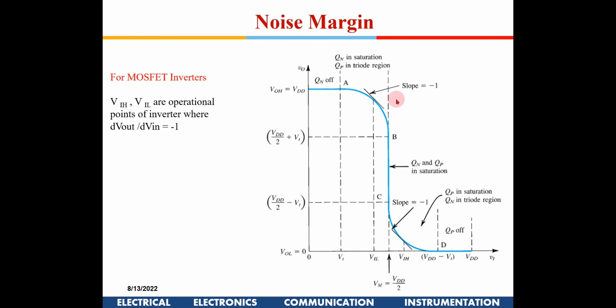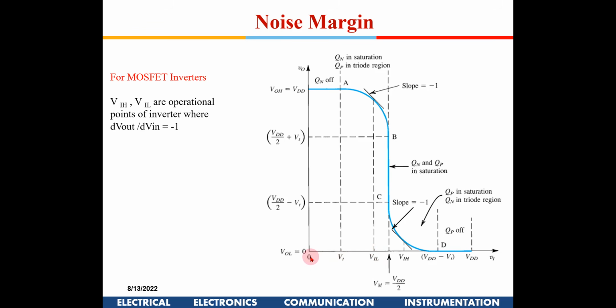Now there are a few other things. This is the place where the slope of this curve is -1, and here also the slope of the curve is -1. If from that point you drop a straight line, we hit a point known as VIL. VIL is V input low.